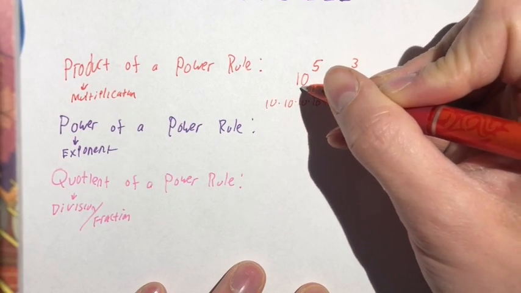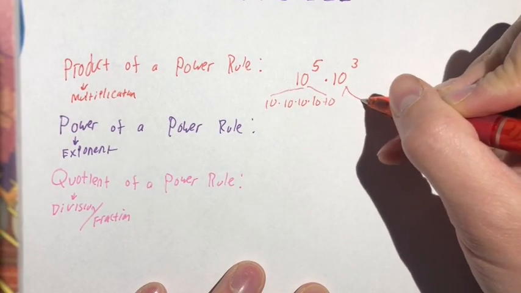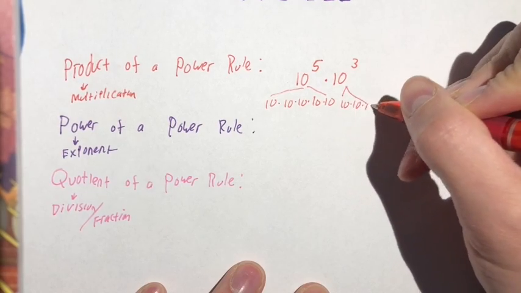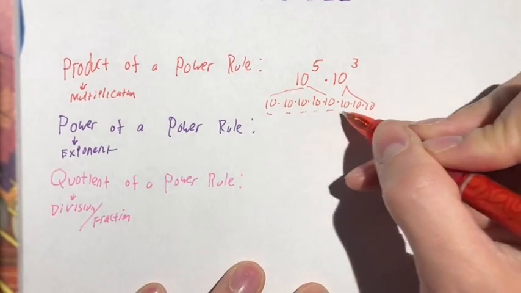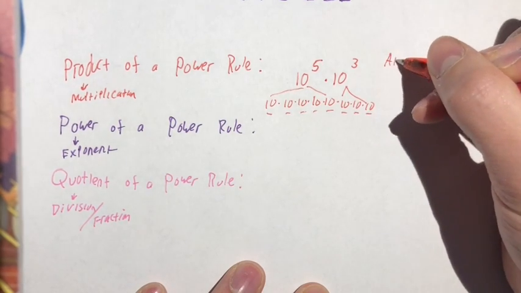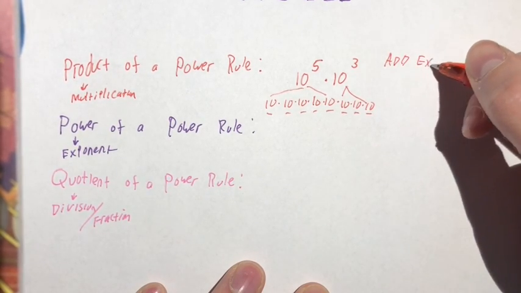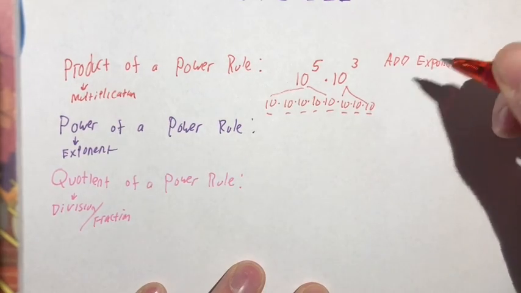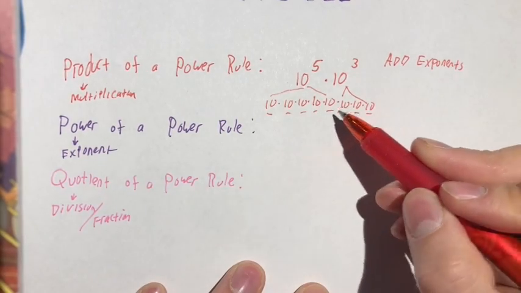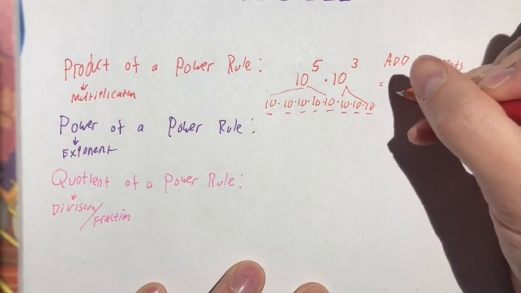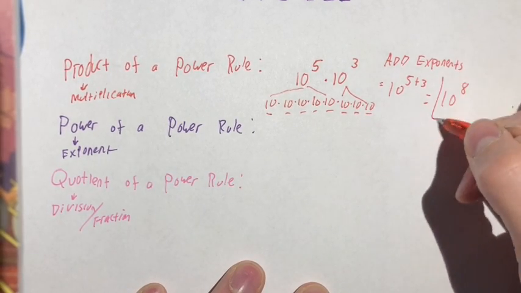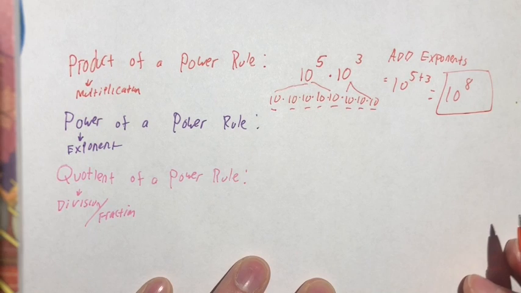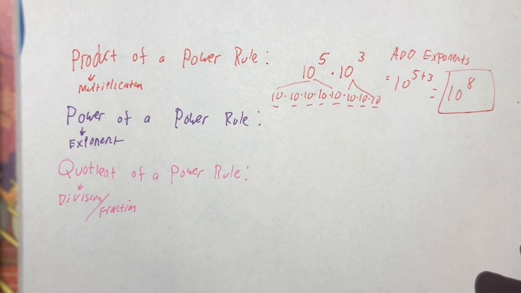We had to add our exponents. All right, because we have a group of 5 and a group of 3. Totals to get me a group of 8 tens.